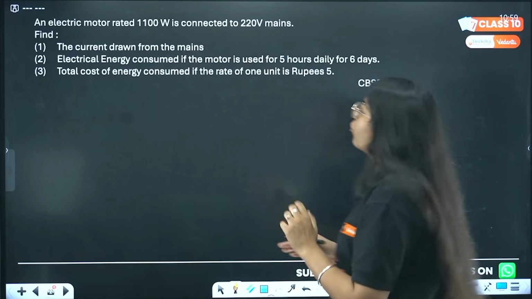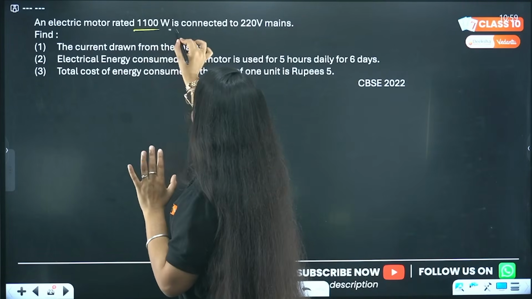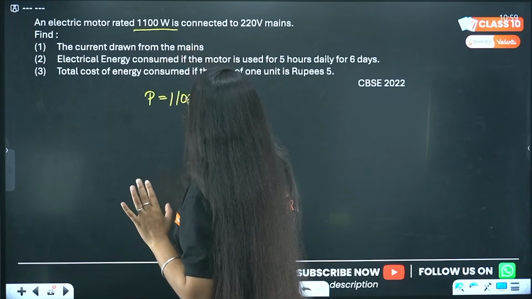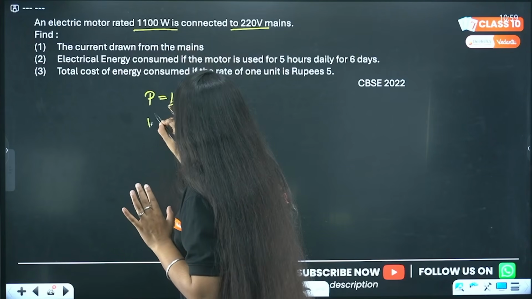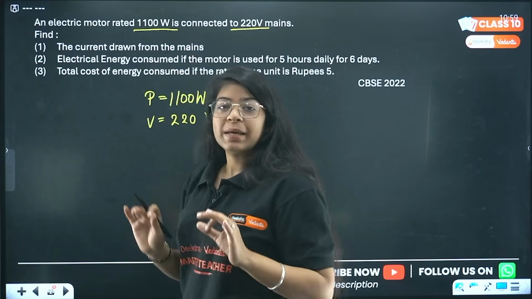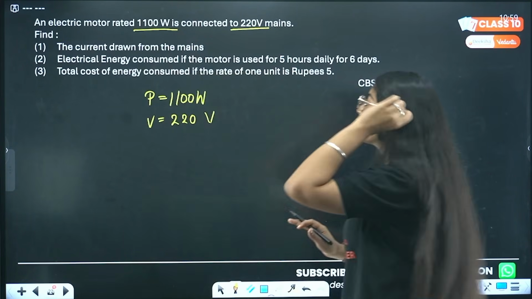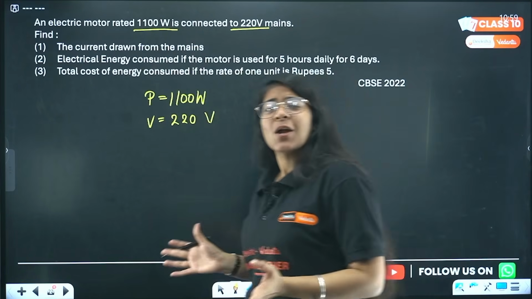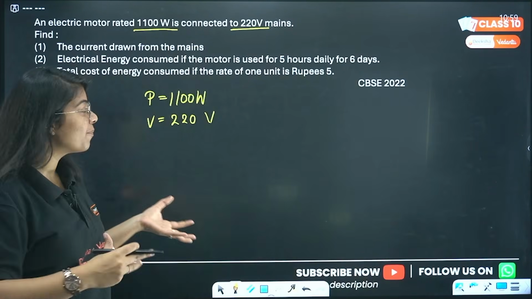Okay? Now look. So the electric motor is rated 1100 watt, connected to a 220 volt mains supply. This is what is given. Find the current. Ma'am, what kind of question is this? We know the basic formula of power is what?